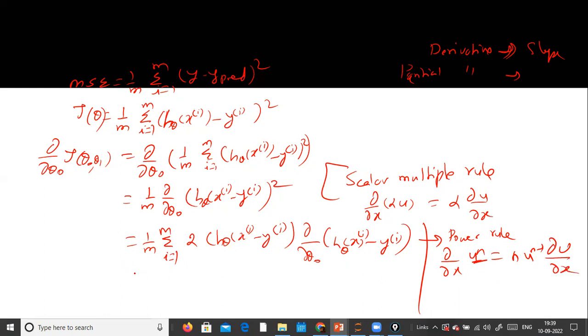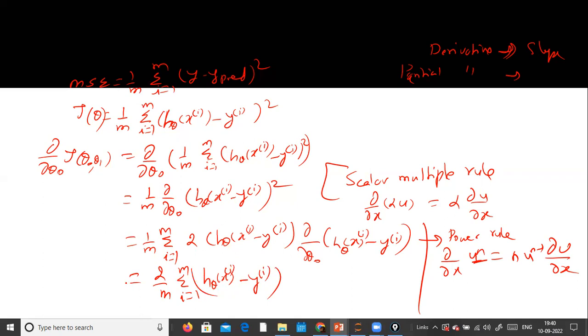The next thing is I take the 2 outside, 2 divided by m, sum from i equal to 1 to m, and since I took the 2 outside, we are left with h of the i-th value of x minus the i-th value of y. This is the equation.